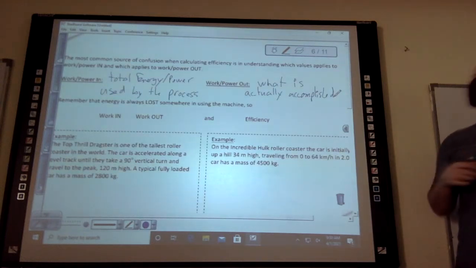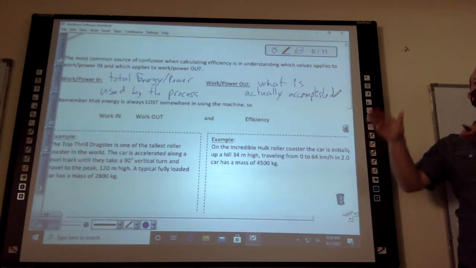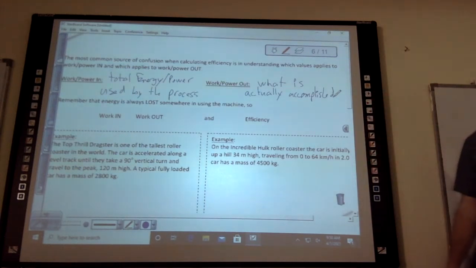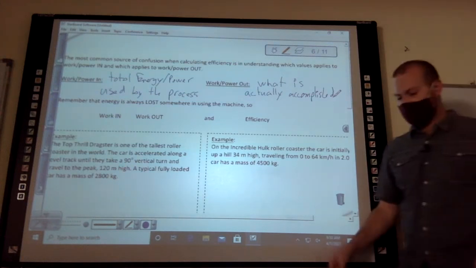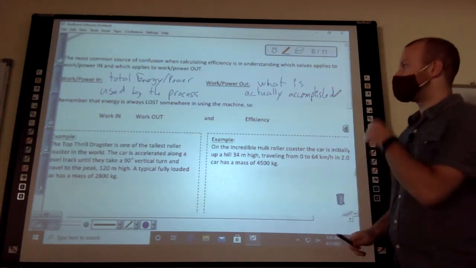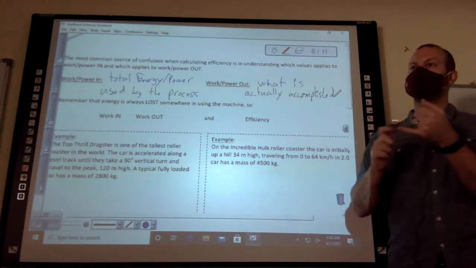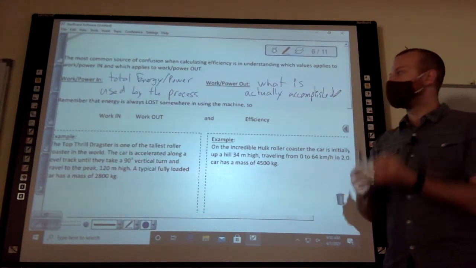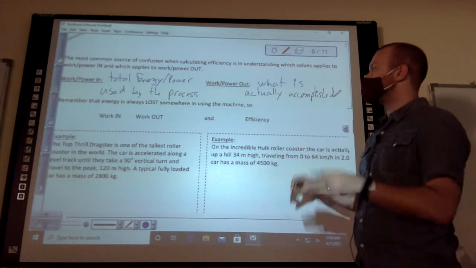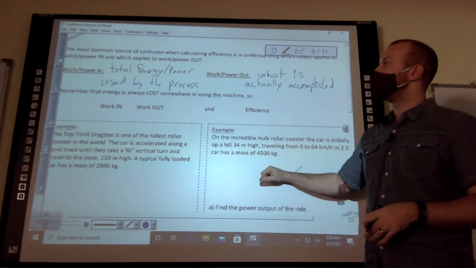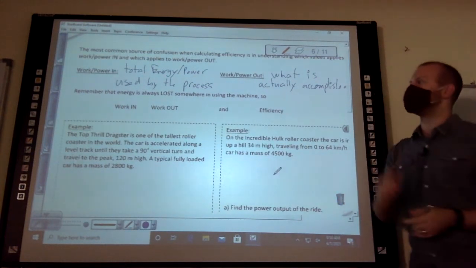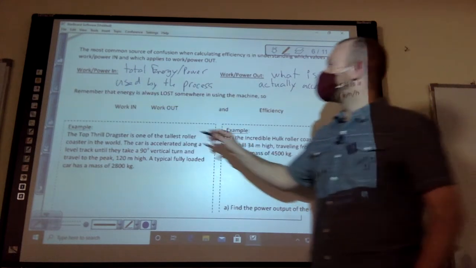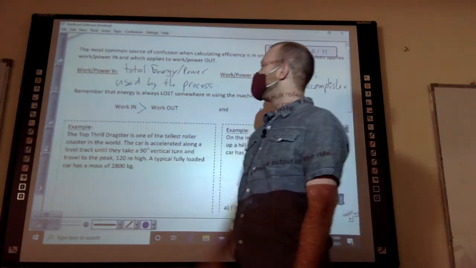I can expend a lot of power pushing down on one side of a seesaw, but I won't get the same output on the other side. Because there's always going to be some sort of energy lost. Again, sound, heat, vibrations. Kinetic energy gets lost to the air that excites around it. You're always going to lose some energy. The work that you put in is going to be bigger than the work out.